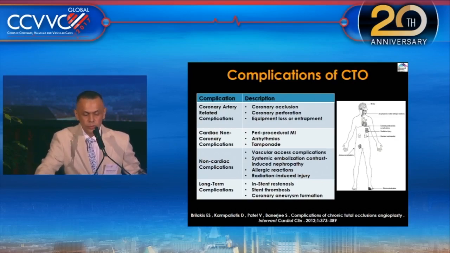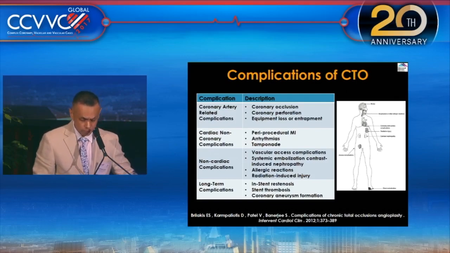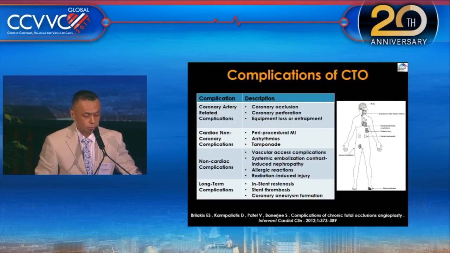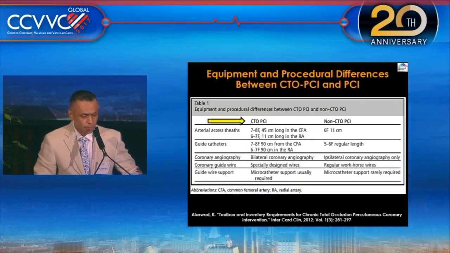Here in the lab, we have a checklist, and every morning we check for this type of equipment, because without this equipment, I wouldn't recommend even attempting this type of cases.